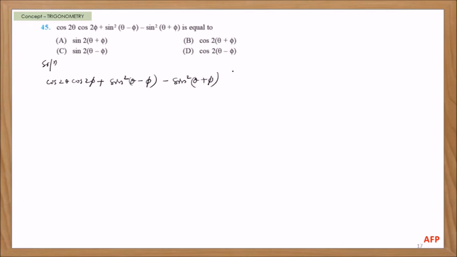So now the formula: sin(A plus B) into sin(A minus B) is equal to sin square A minus sin square B. So using this formula we will simplify the expression.